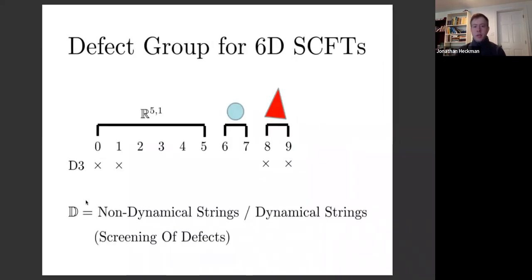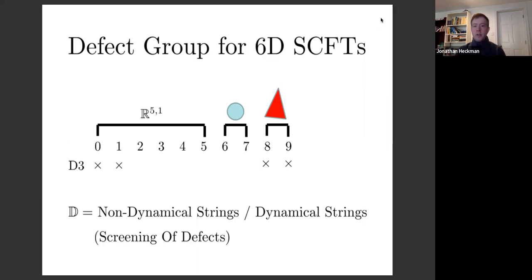What's the defect group? Well, we can now say I want to talk about the higher symmetry, the world volume 2-form potential which couples to this D3 brane. You get that from taking the 4-form potential of type IIB and dimensionally reducing it into the 6-dimensional spacetime. Some of these dynamical objects can in fact screen the charges coming from these non-dynamical objects.